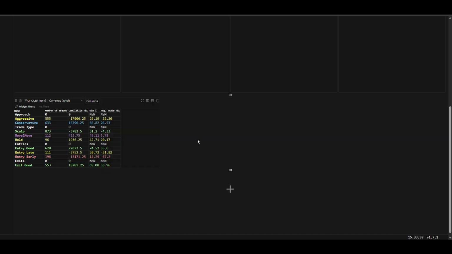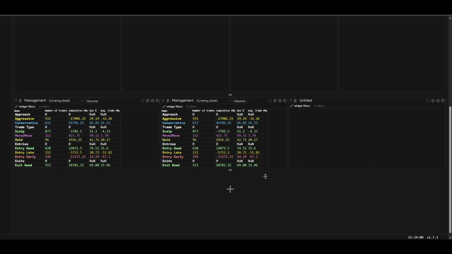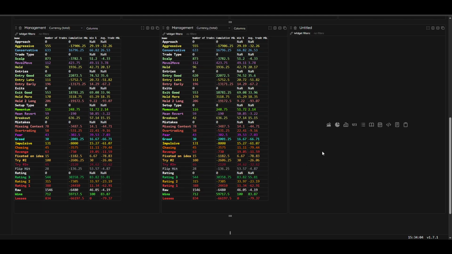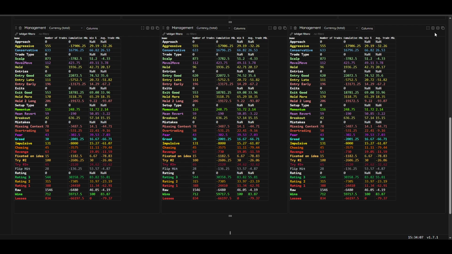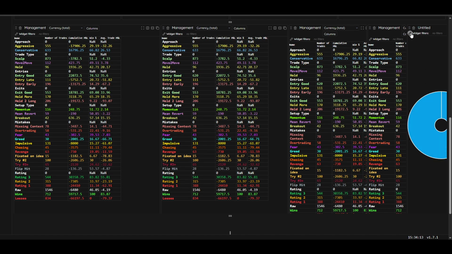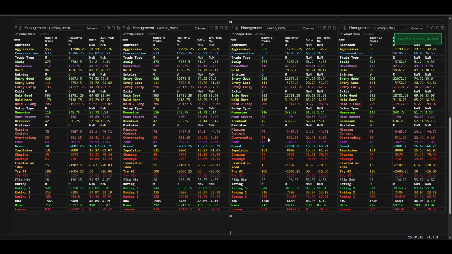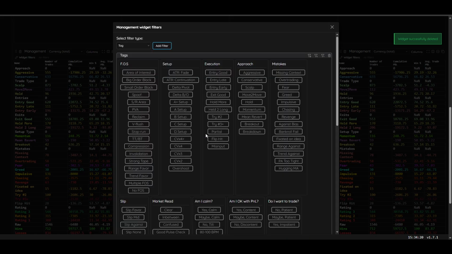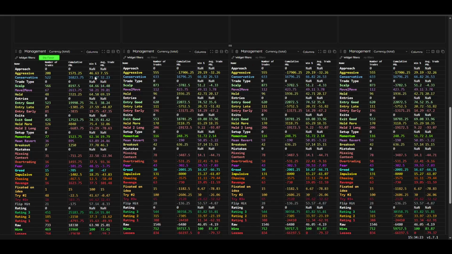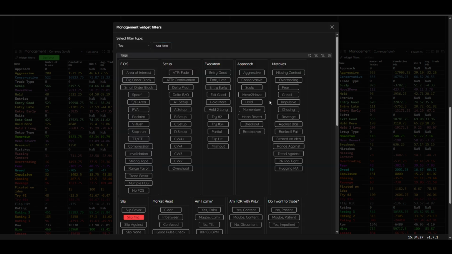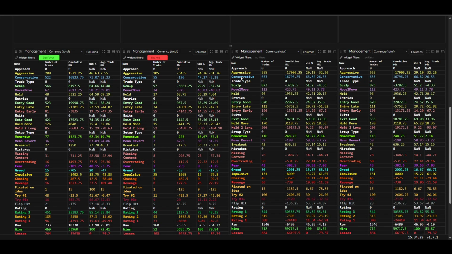So what I would do is make a new window. Go to your main number, take your management and copy it, and paste them four ways, and then put it from best to worst.